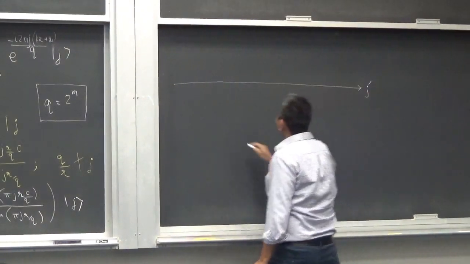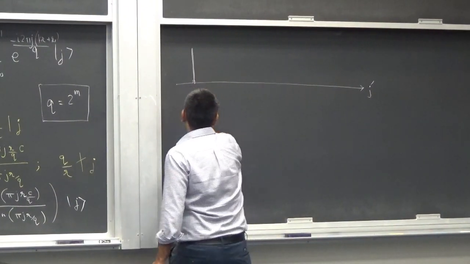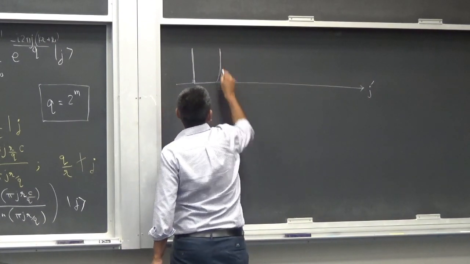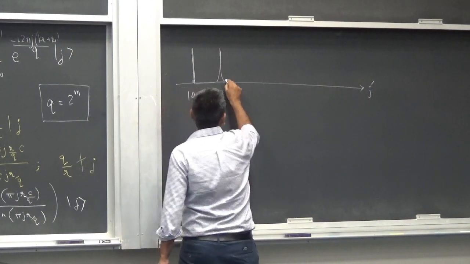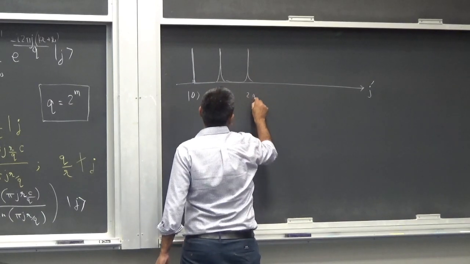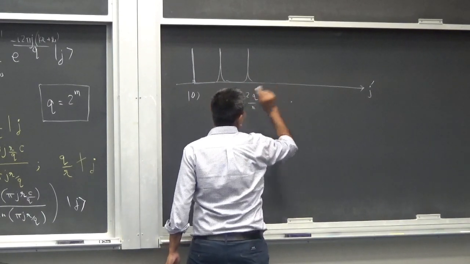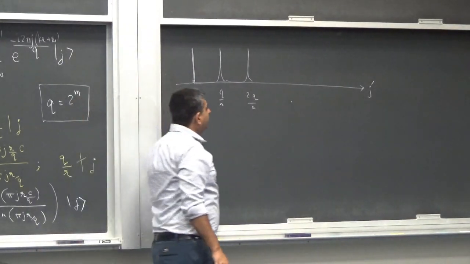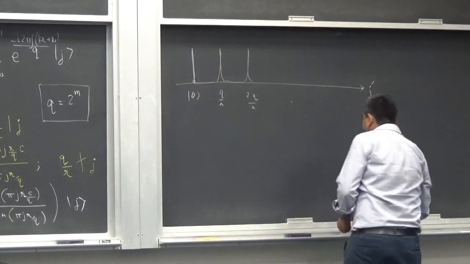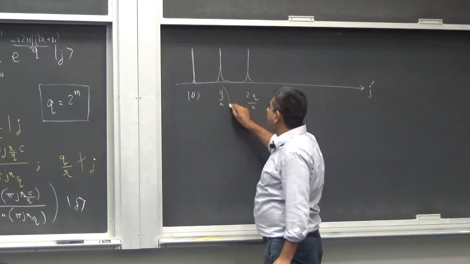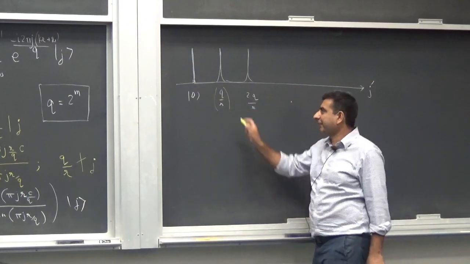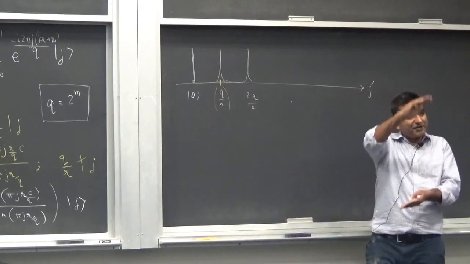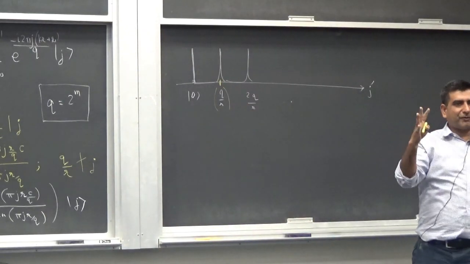J prime: peak at 0, peak at Q over R, peak at 2Q over R, and so on. They get R peaks. Now suppose my result is Q over R. This is my integer output.